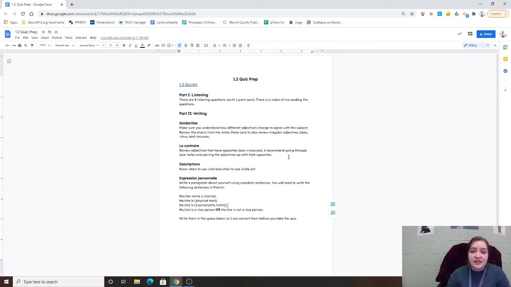The next section is similar, but kind of the opposite. So it's called le contraire, as in the contrary. For this one, you need to review adjectives that have opposites. So, for instance, bon is the opposite of mauvais, good is the opposite of bad. Most of these I gave you in your notes with that little does not equal sign, but not all of them.